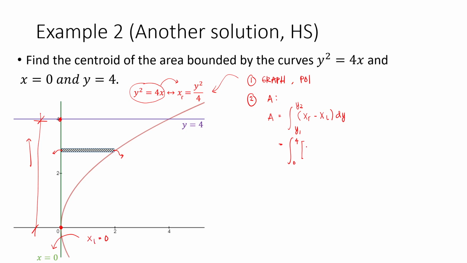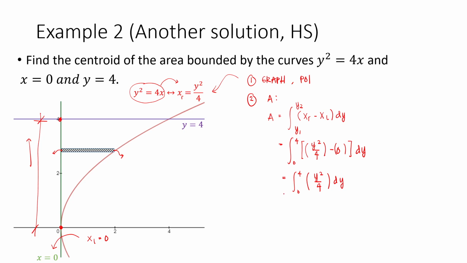So notice that if you compare the horizontal versus the vertical strip, let's look at the equation: y squared over 4 minus 0, dy. So notice that the equation for the horizontal strip is only giving you y squared over 4 dy.